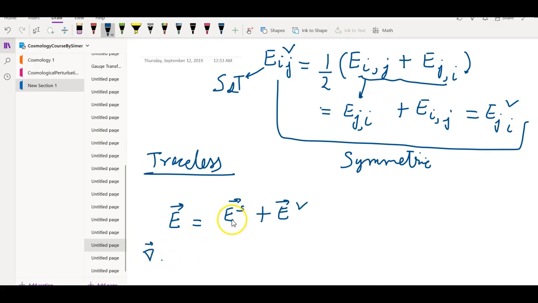What is E scalar? E scalar is minus del of some potential.